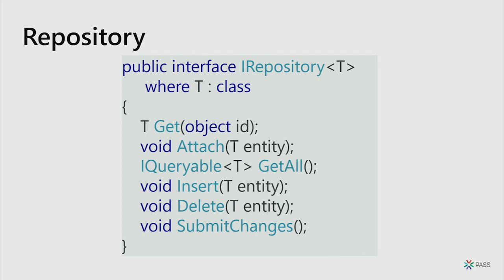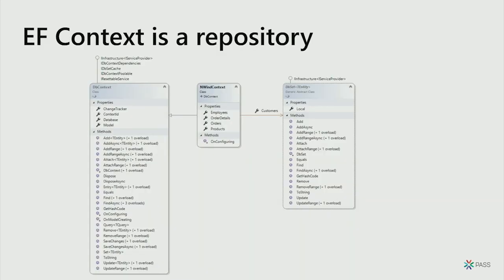Now, I've seen people that go out and say, well, you should always be using a repository, and you should have a repository over your Entity Framework models, for example. Anybody do that? Now, the problem with that is, consider the Entity Framework itself is a repository, right? And so if I've gone off and I've coded all of the repositories for this repository, what value have I actually added to my system?